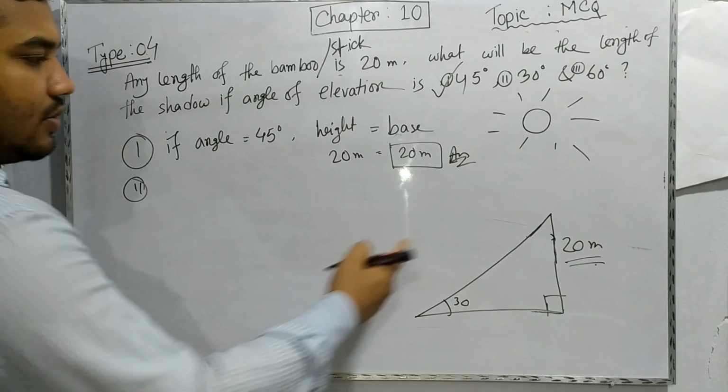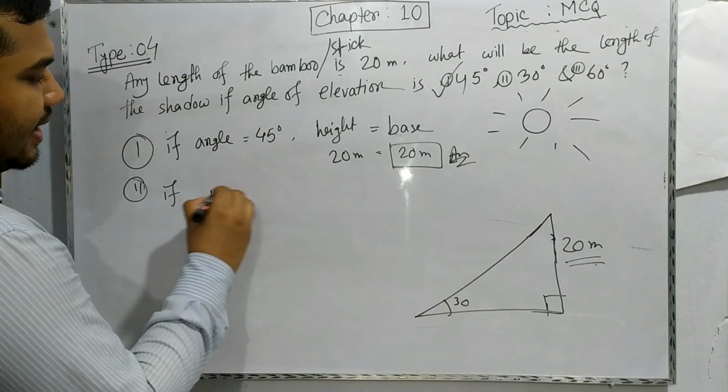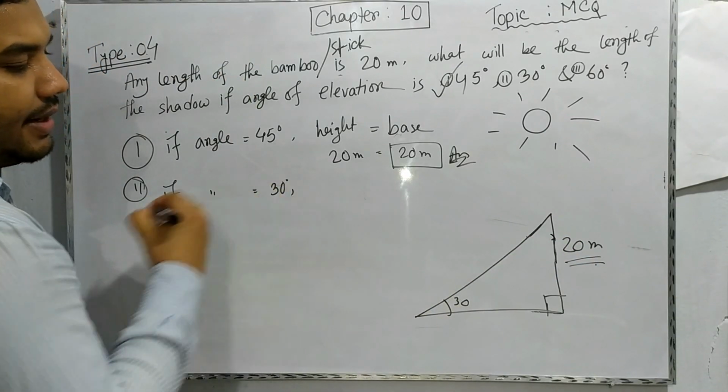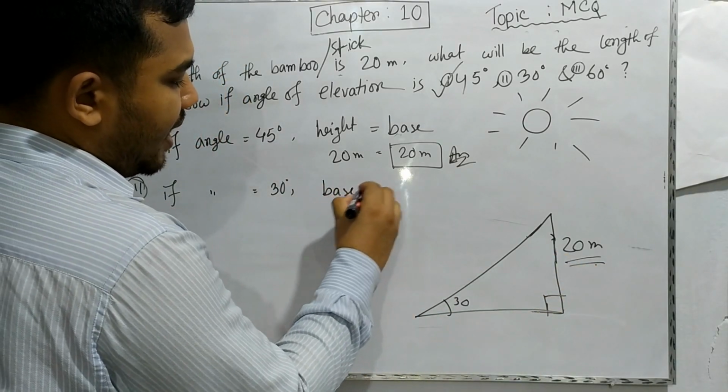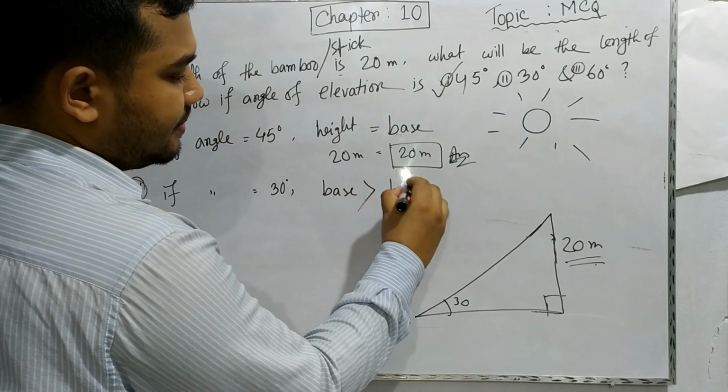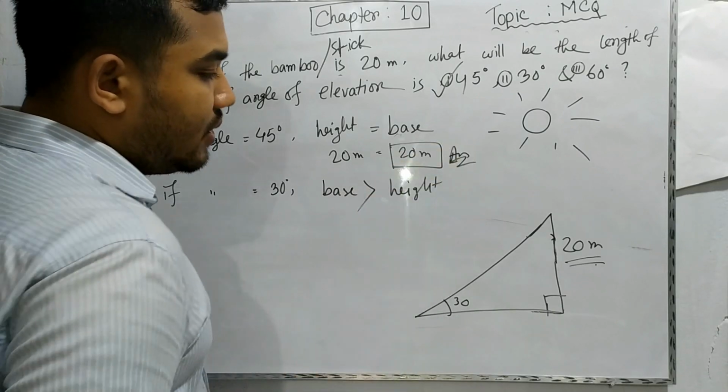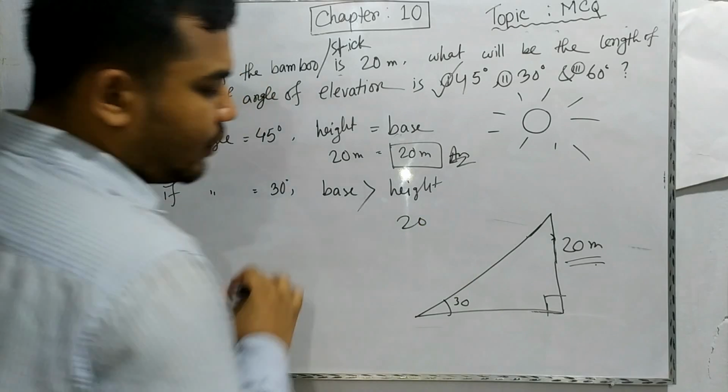So if the angle is 30 degree, the base must be greater than the height. Here the height is given as 20 meter.